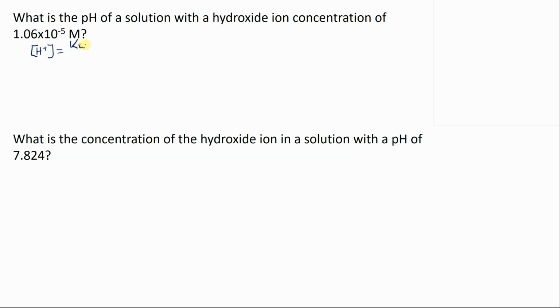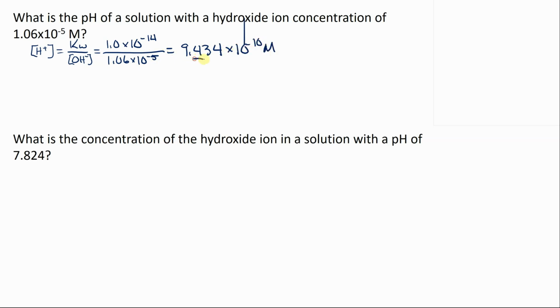From the hydroxide ion concentration, we're going to use the equilibrium constant for the dissociation of water. So Kw over concentration of hydroxide, so 1.0 times 10 to the negative 14, and we'll divide it by that 1.06 times 10 to the negative 5 molar. And out of this, we get 9.434 times 10 to the negative 10 molar.